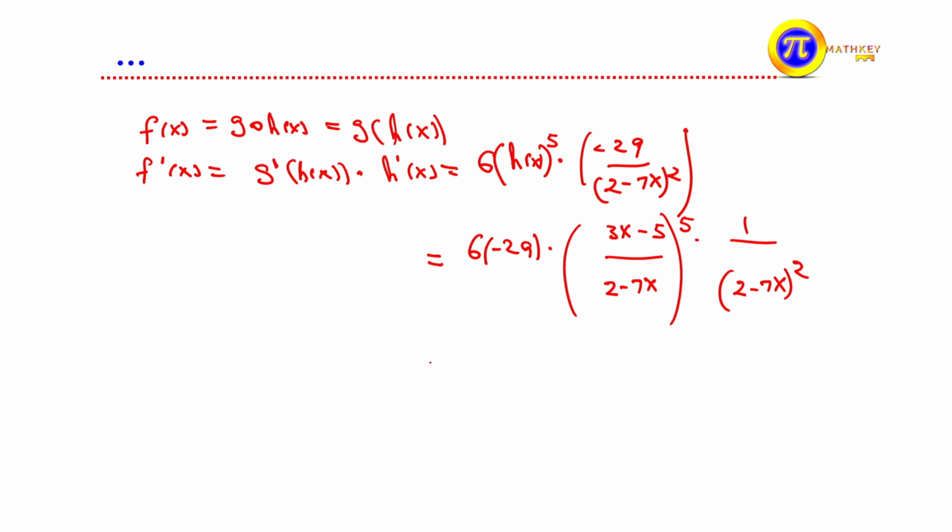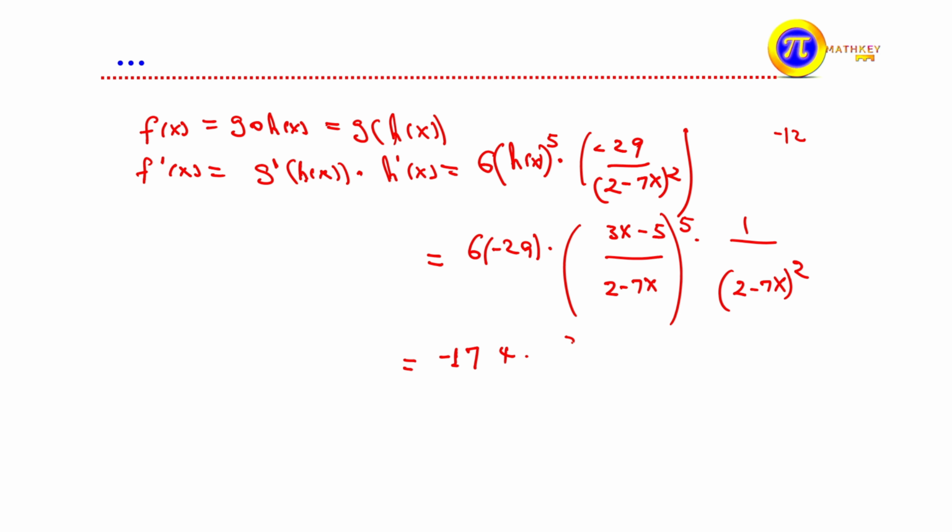After that we take the product: 6 times 29 is 174, so we get negative 174 times what follows.